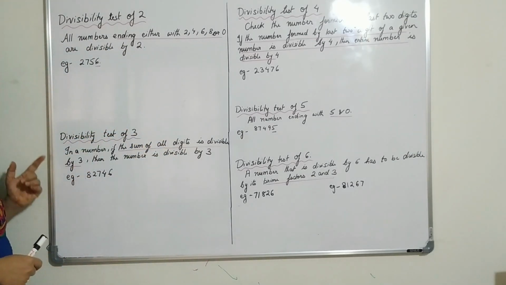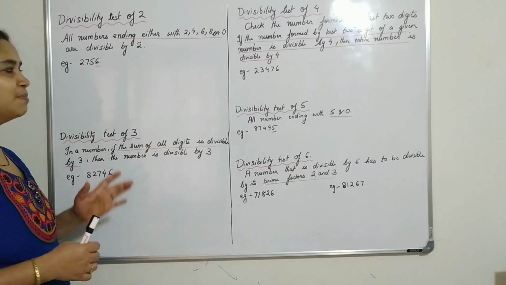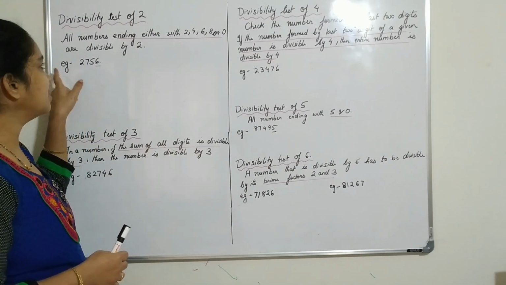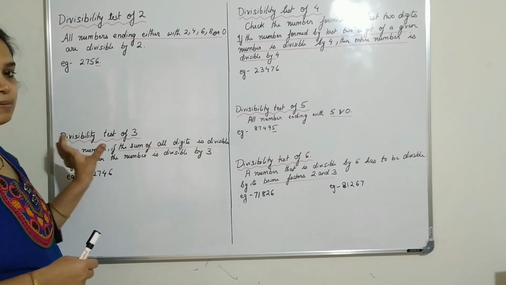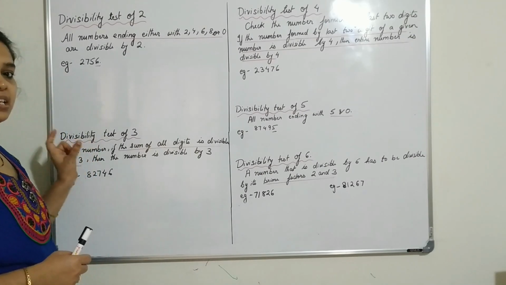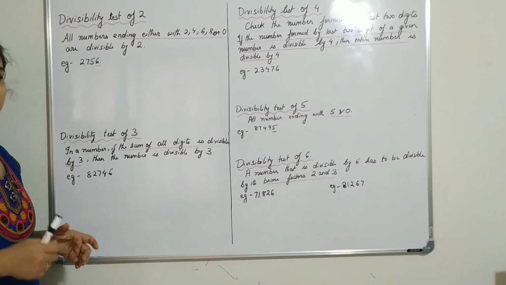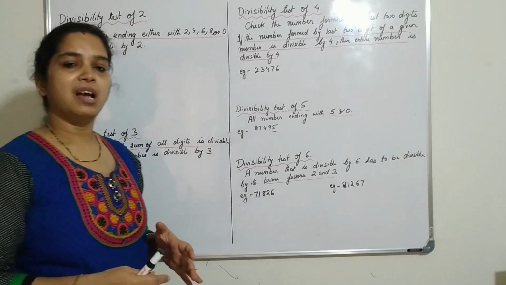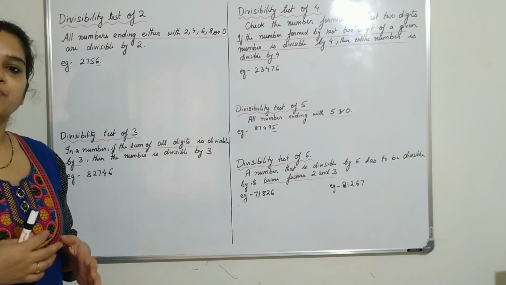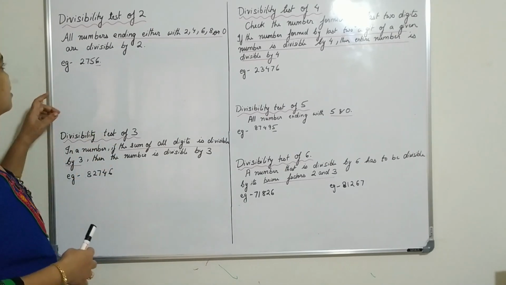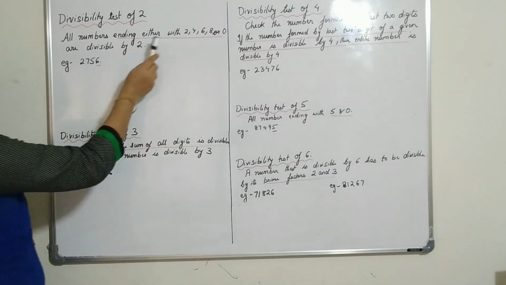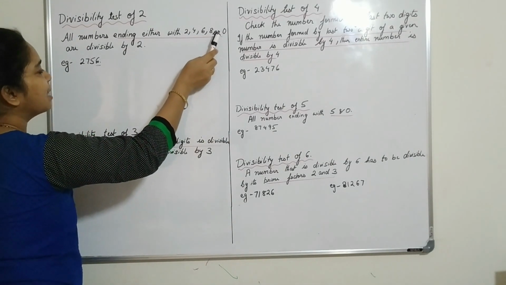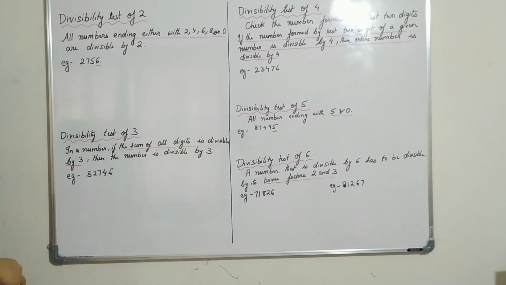If the number ends with 2, 4, 6, 8 or 0, then it is divisible by 2, and the divisibility test of 2 is complete.